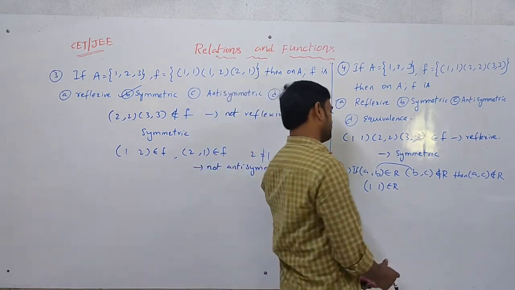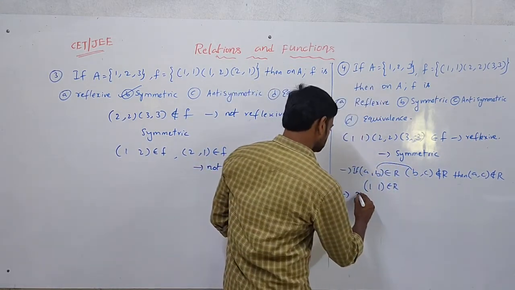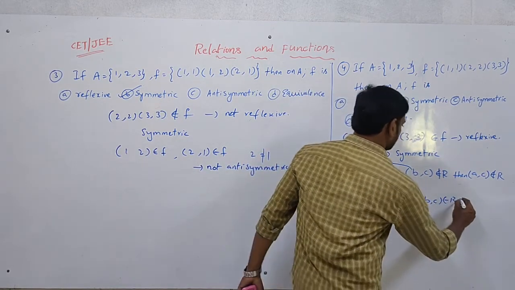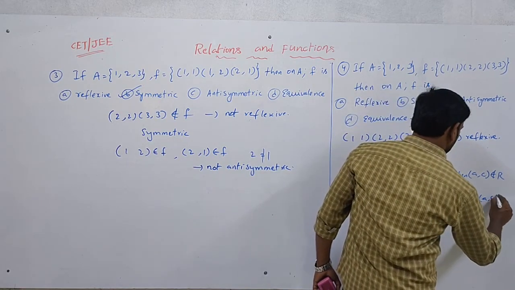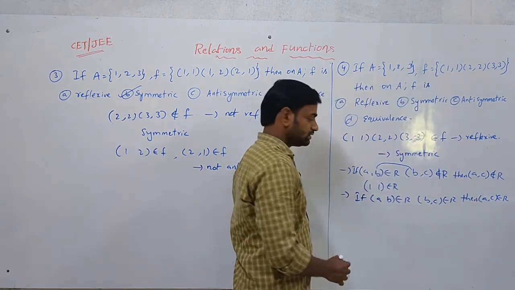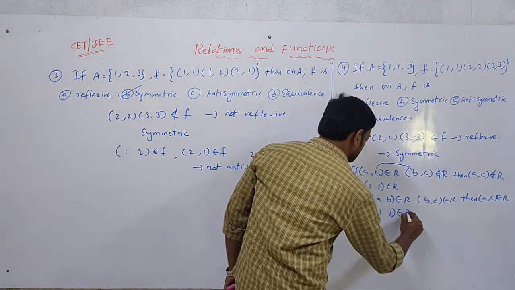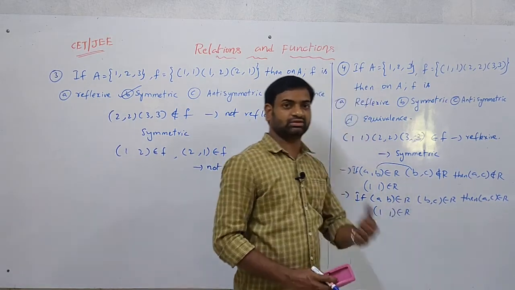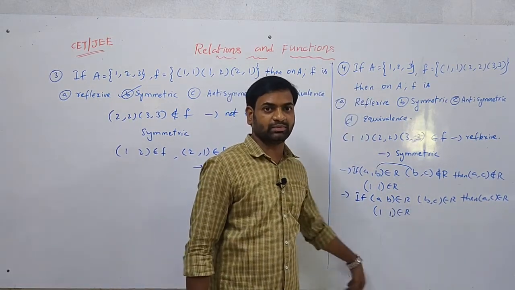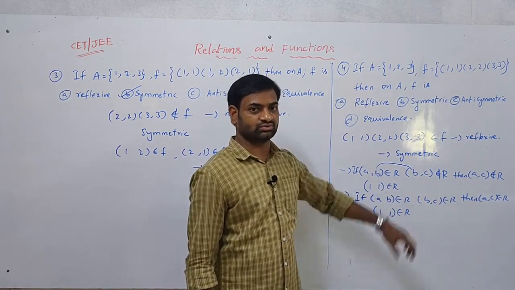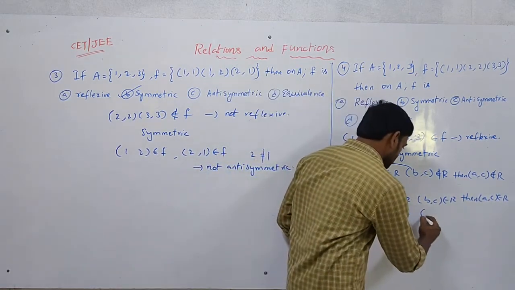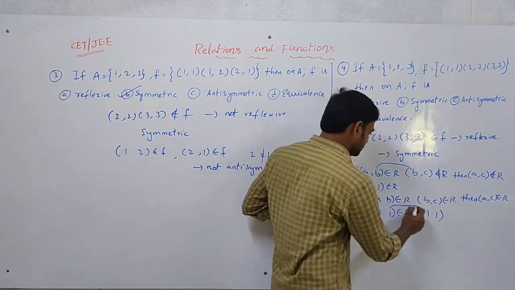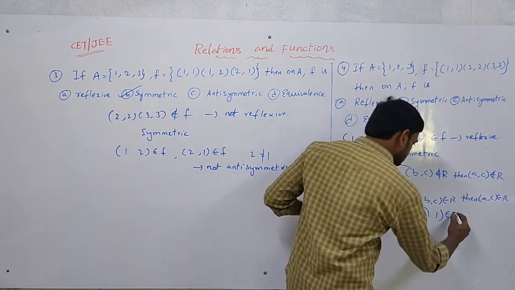Otherwise, you can say it in another way. The normal way: (a, b) belongs to R, (b, c) belongs to R, then (a, c) belongs to R. Suppose (1, 1) belongs to R. With starting 1, again I am taking that pair only. You can take it this way also. Again we can take (1, 1). Now both of these belong to R. What is the result?